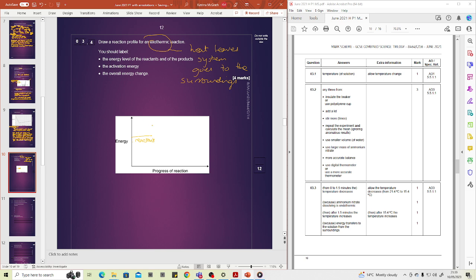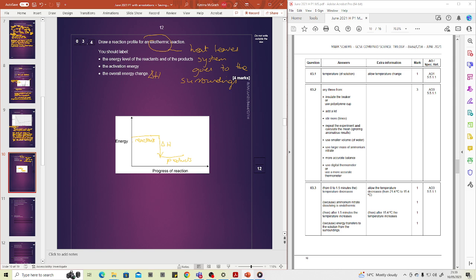Okay, and then we should have the overall energy change to the product, so the products have less energy than the reactants. Let's make sure my arrow goes right from one line to the other, and I'm going to label it overall energy change. I'm going to just label it delta H, but I'll also put that here so that the examiner knows. Okay, and products.